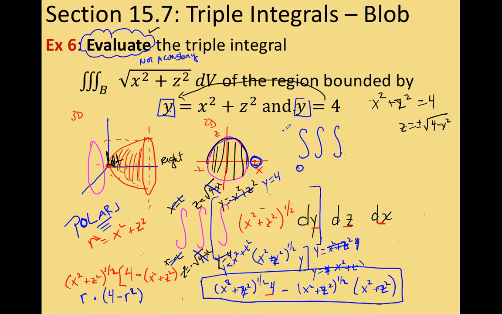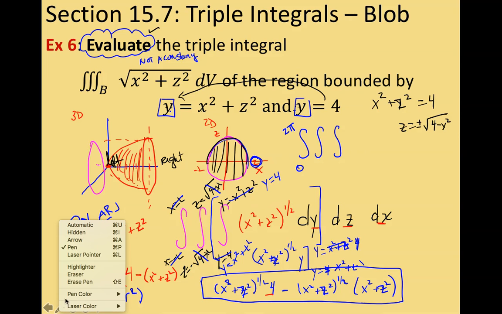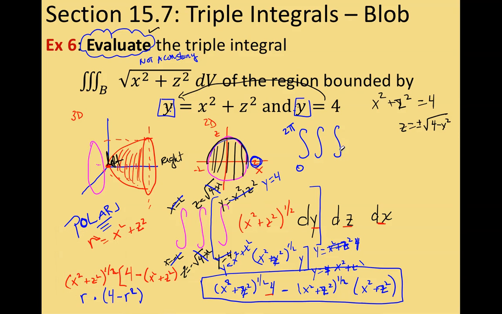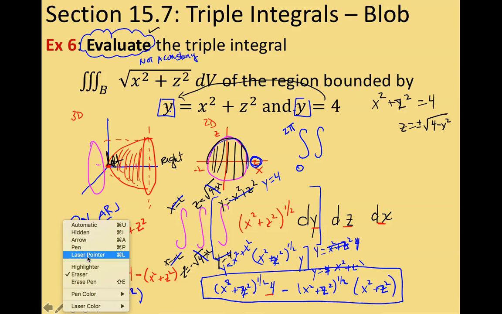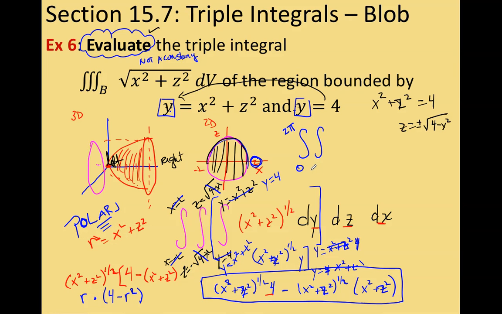So I'm going to end up with 0 to 2 pi. Oops, sorry, I don't need that third integral because I already did the inside. And my radius goes from 0 to 2. And I'm integrating r times 4 minus r squared.